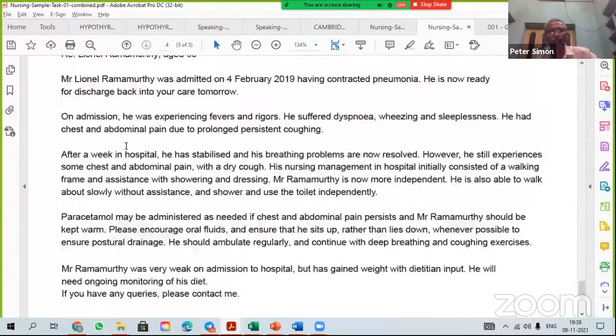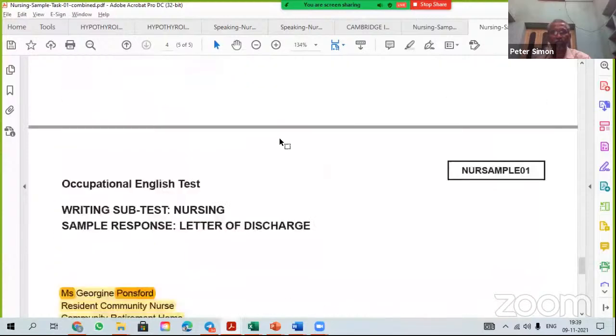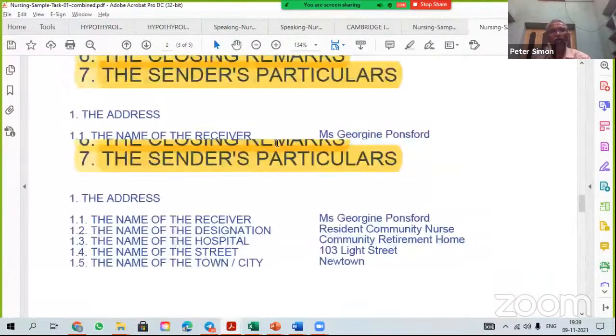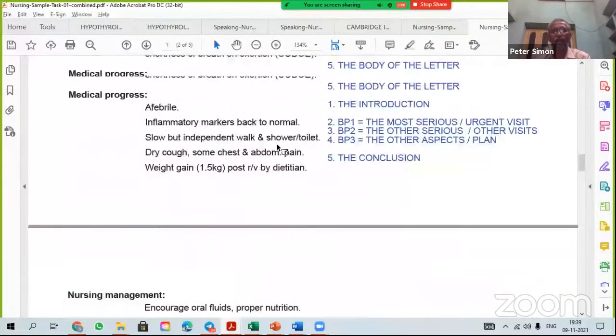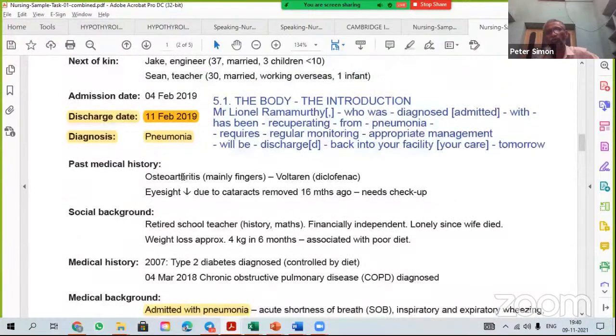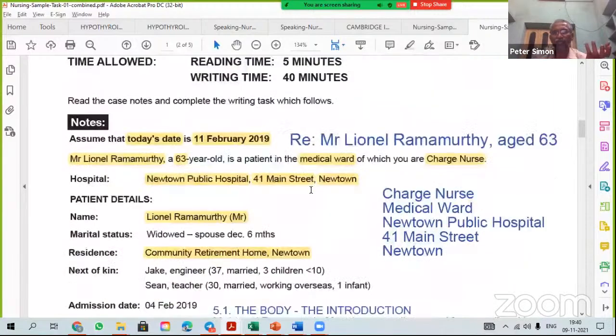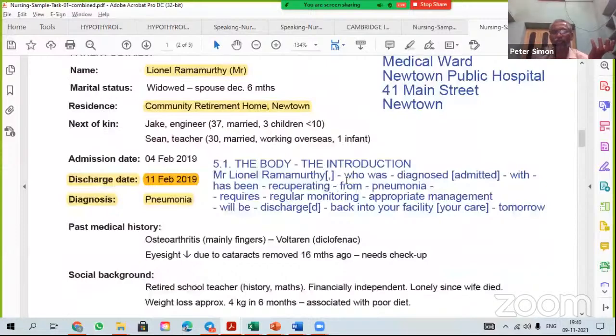Now, for the introduction, you write 1 paragraph. Now, osteoarthritis, past medical history, eyesight. So you can see these different things, these different points which I have shown you here.